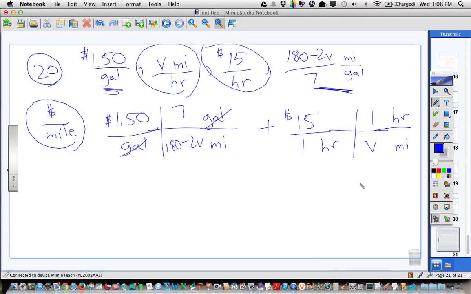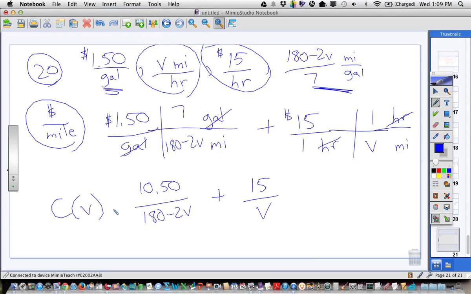V miles per hour. So hours cancel hours, and sure enough, we get that. So $1.50 times 7, I think it's $10.50, over 180 minus 2V, plus 15 over V. And this would be cost in terms of V. So what we did is create a function for the cost per mile, and it's in terms of V.